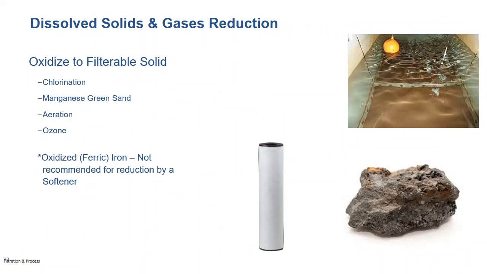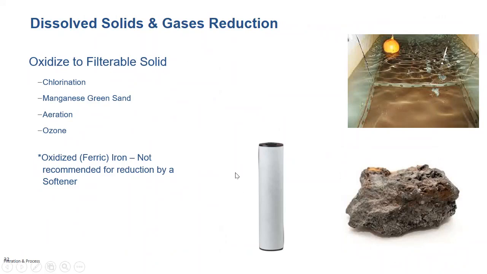Things with a +3 charge and larger have a harder time being removed from resins because you have more atoms, more resin bead particles or reaction sites holding that +3 iron or +3 aluminum to it, and it's harder to break it, and it's formed a structure that's harder to get sodium around to push it off. So understand iron is a special case, and we really need to understand the water chemistry there to select the best method of removal.